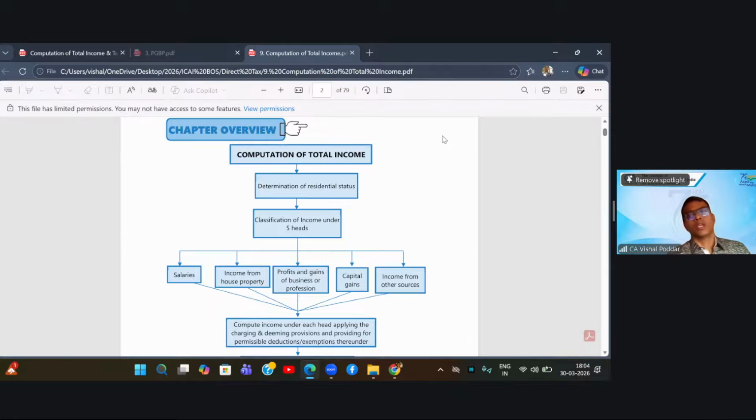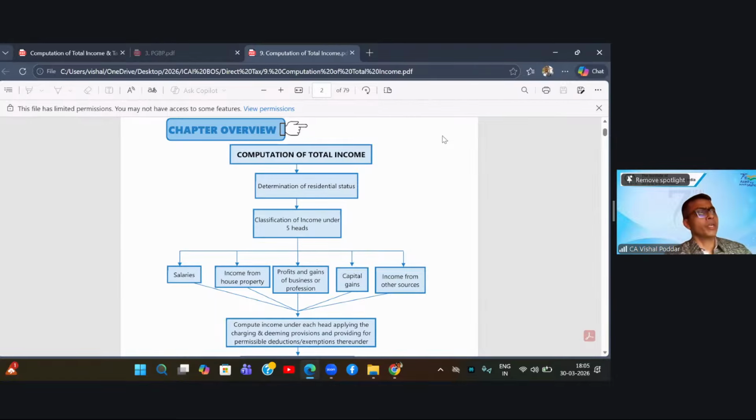The answer is you have to see the first section of every topic, which I call the charging section. So the charging section, which is the first section of every head, helps you determine which head will be your correct head for computing the tax liability. And according to that, you will be computing your tax liability, and accordingly, you will be paying the tax.